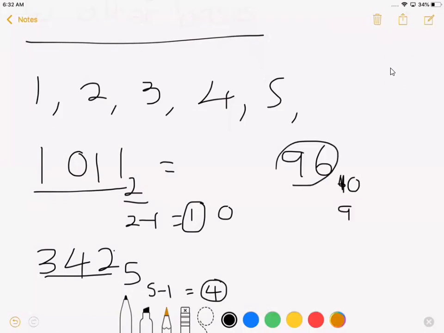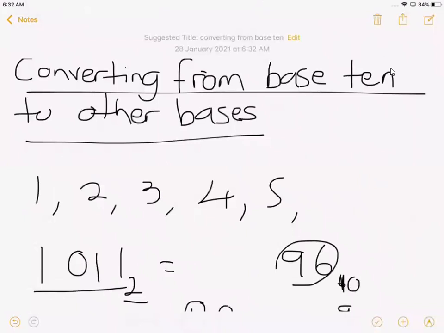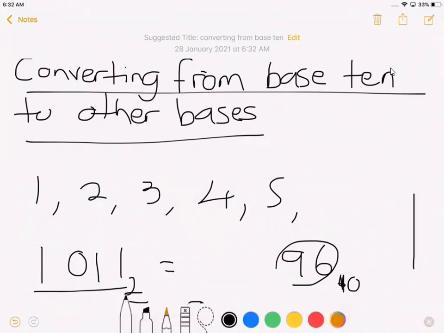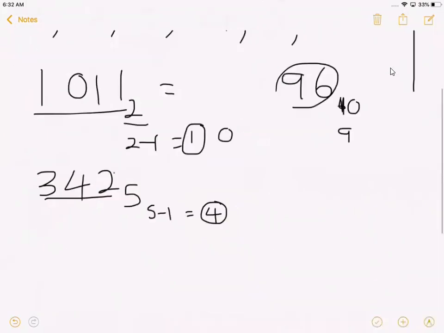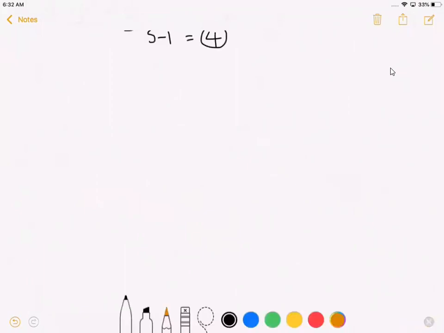So what we want to do here is convert a number from base 10 to base 2 or to base 5. Convert the following from base 10 to other bases.